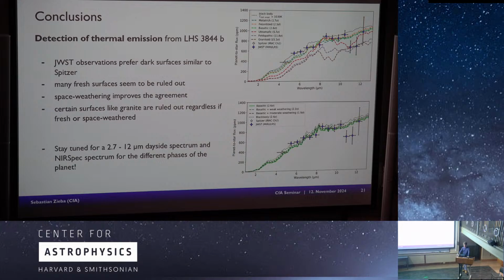There are also other planets like this, but a planet is more observable if it's hotter. But you don't want it too hot where the surface is molten, because then you end up with no features from the different kinds of surfaces. It will be more similar to a black body spectrum in the end. So there are other planets like that, but we took the lowest hanging fruit, the most observable planet.